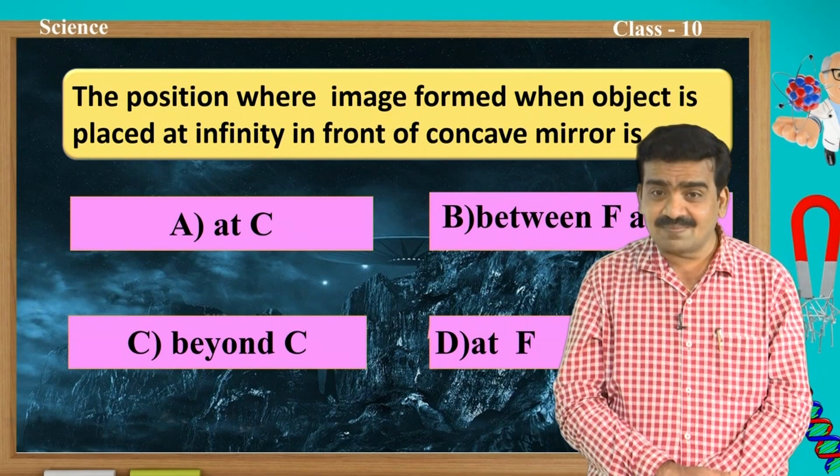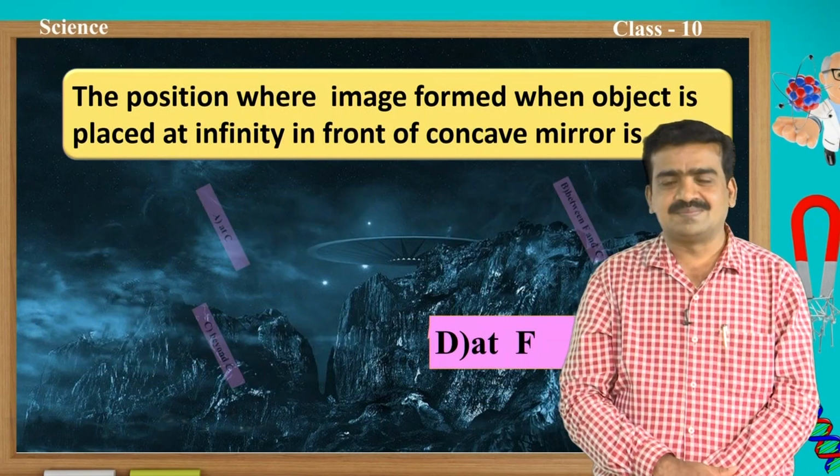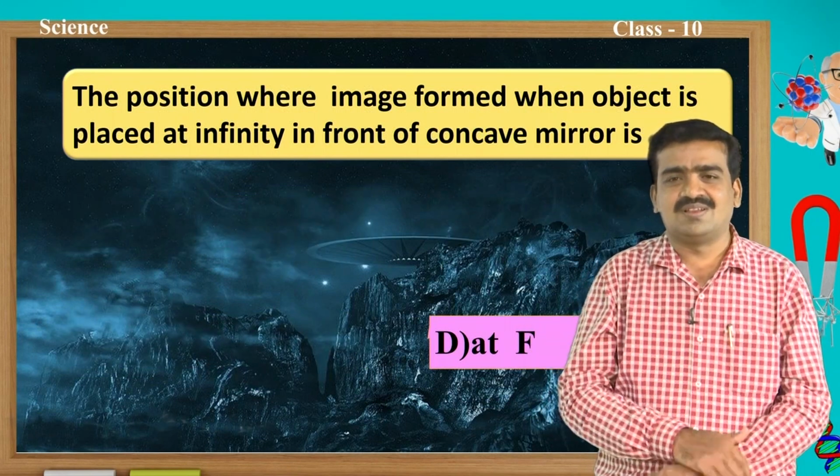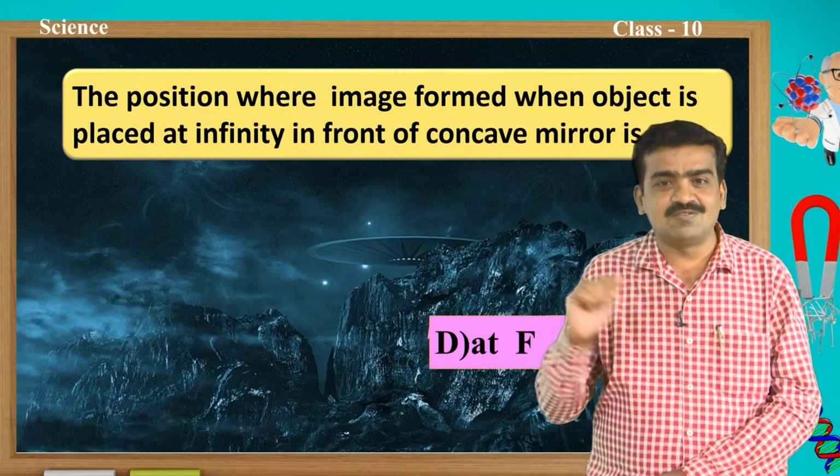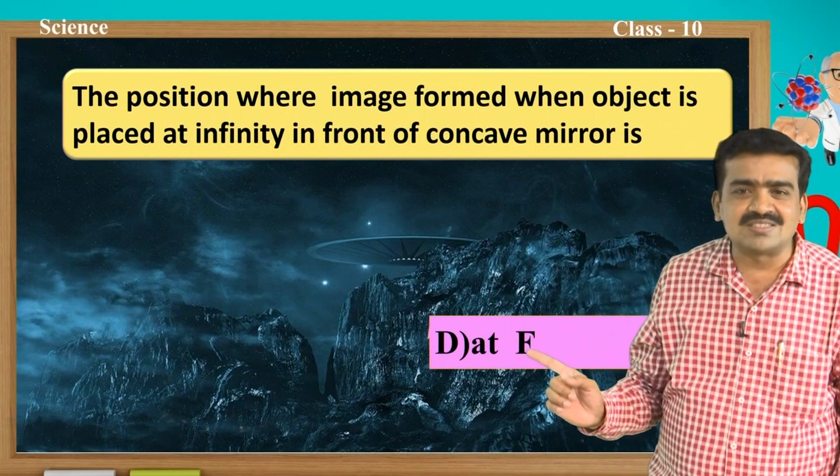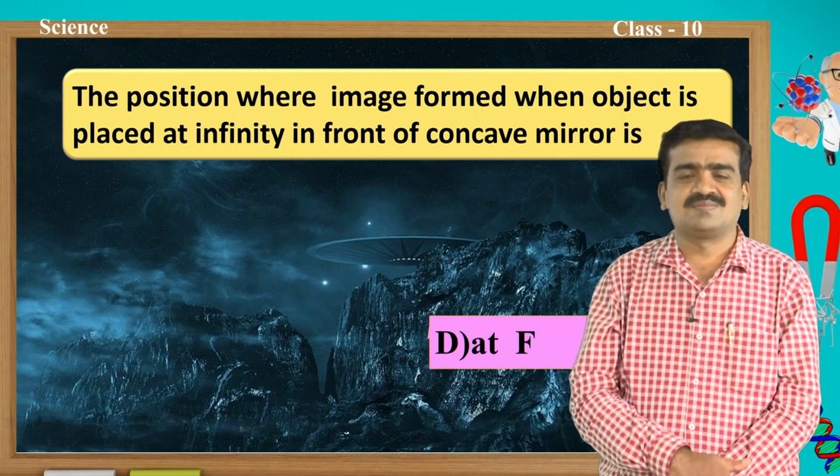Have you got the answer? Test your answer. Yes, it is at F. When the object is placed at infinity, the image is formed at F in the case of a concave mirror.